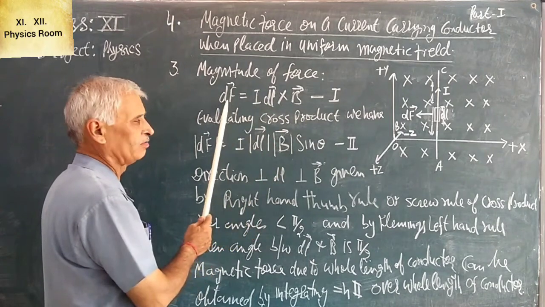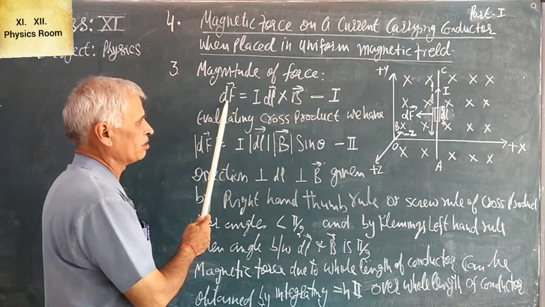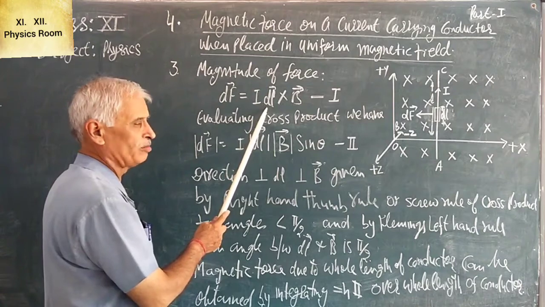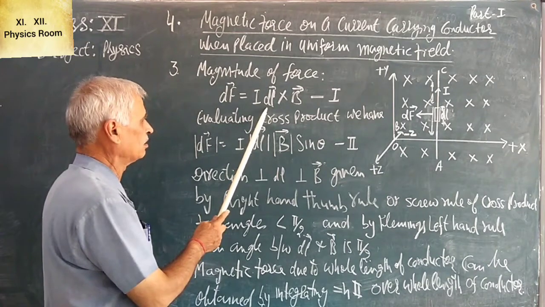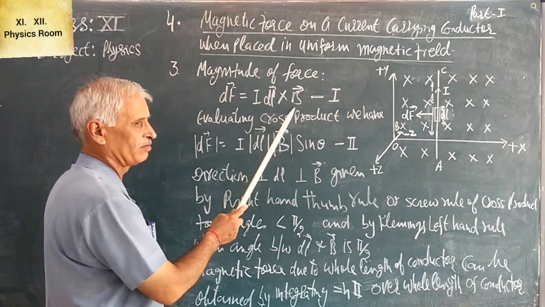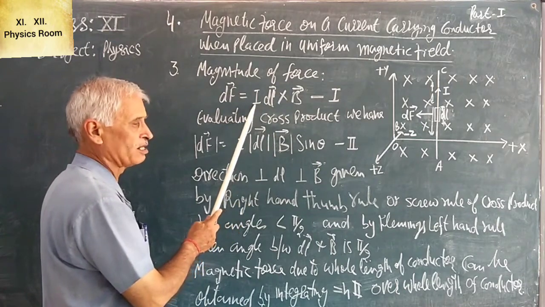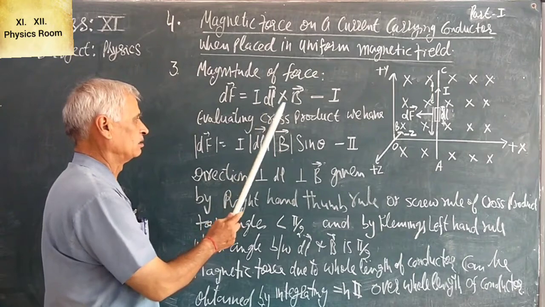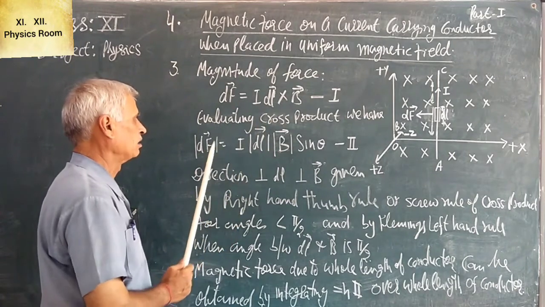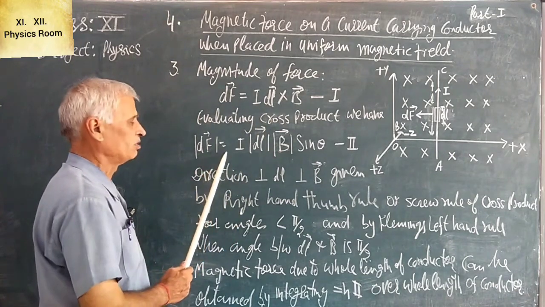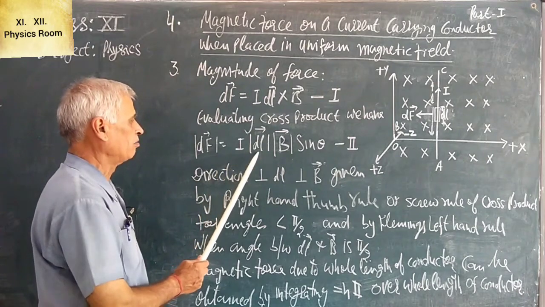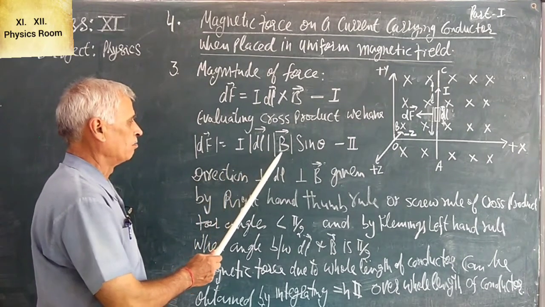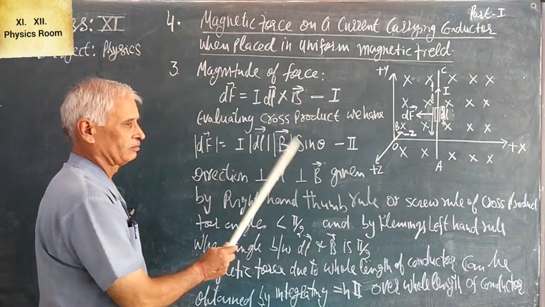This is the small force experienced by the small current element dl of the conductor placed in uniform magnetic field B, the conductor carrying current I. Evaluating this cross product, we write mod dF equals I mod dl mod B sin theta.